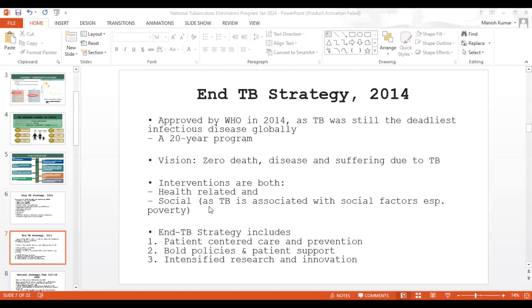The stigma and poverty aspects of this disease have been taken care of. This strategy includes patient-centered care and prevention, bold policies and patient support, and intensified research and innovation.